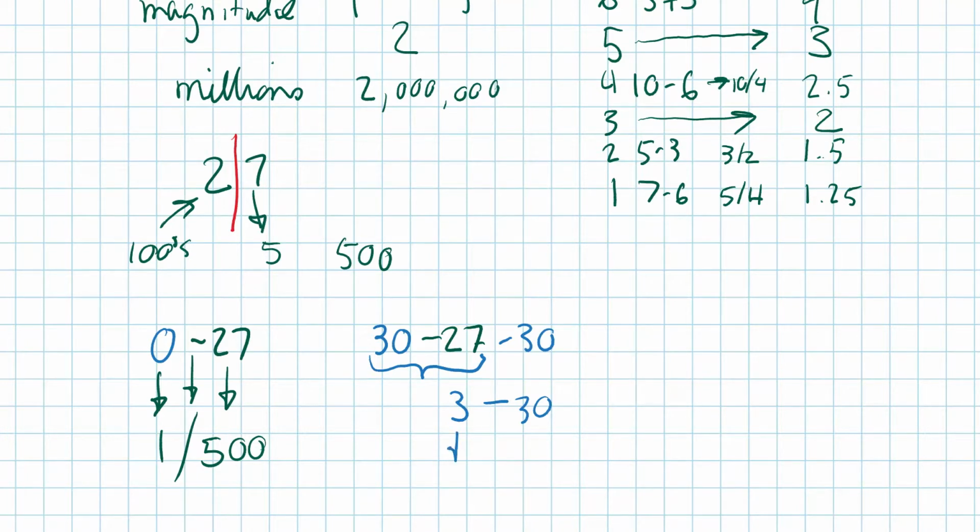And now if I convert, 3 becomes 2, and minus becomes division, and 30 is 1,000. So 2 1,000ths is what I end up with in a decimal representation. And it jives.